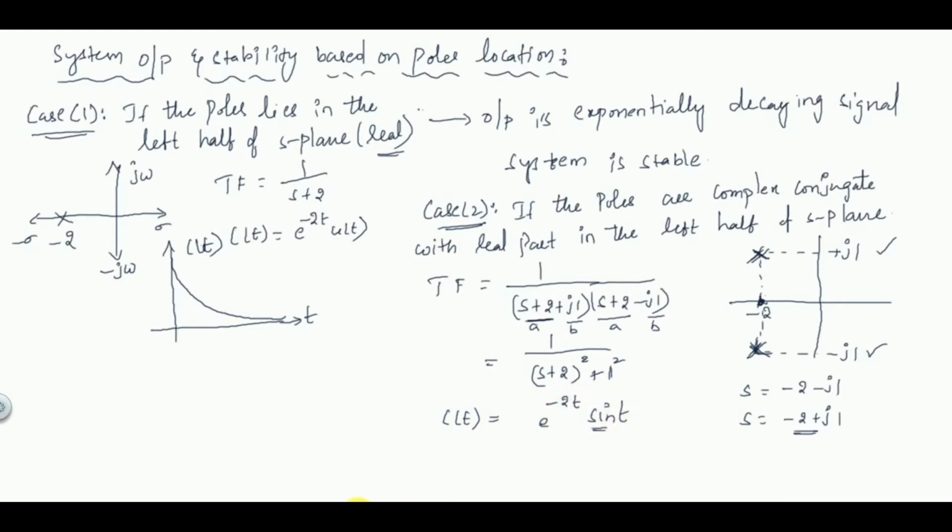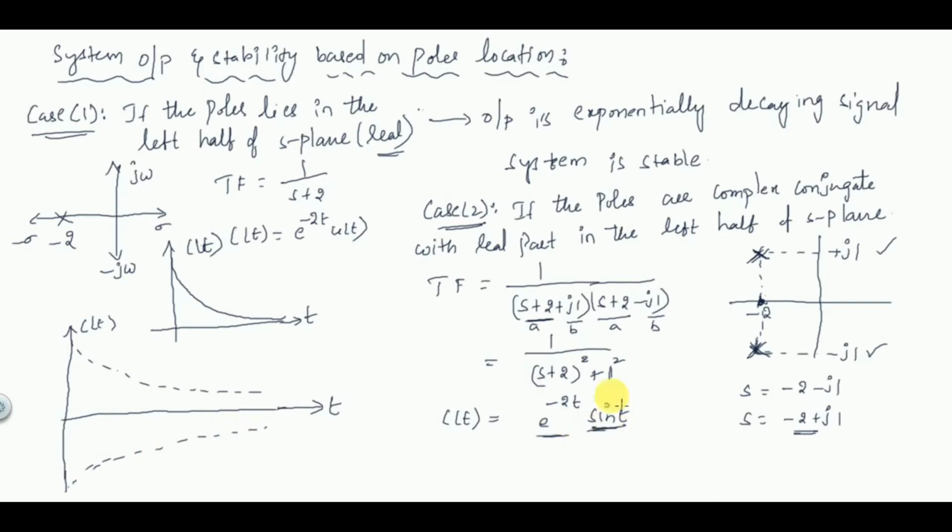If you draw e power minus 2t into sine t, with t on this axis and c of t on this axis, it is exponentially decaying because of this term.